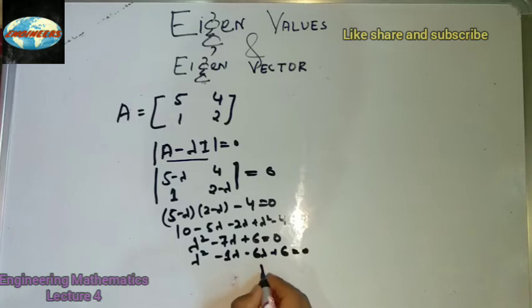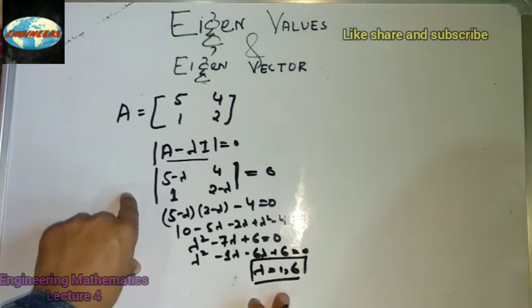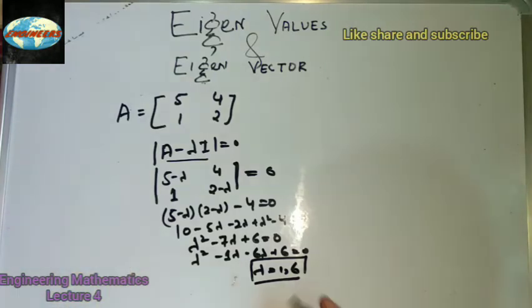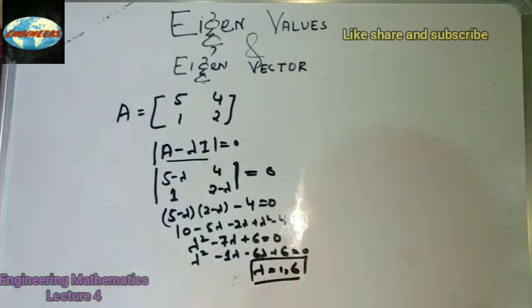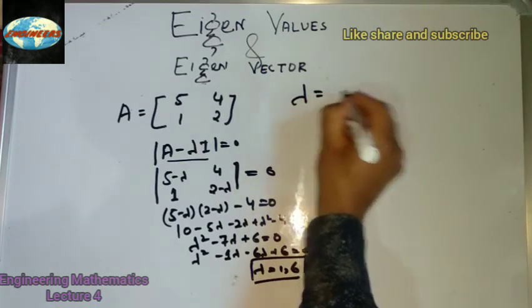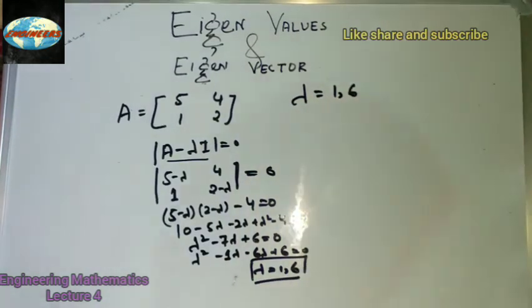After solving, you get lambda equal to 1, 6. So the eigenvalues for this matrix are 1 and 6. These are just the roots of this equation. It was a 2 cross 2 matrix, so 2 eigenvalues.